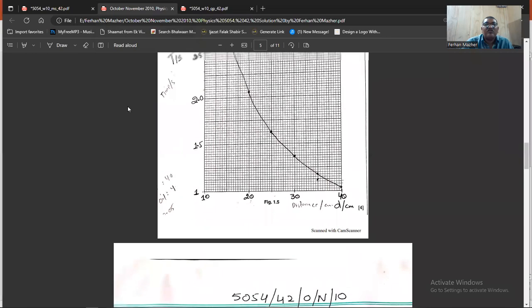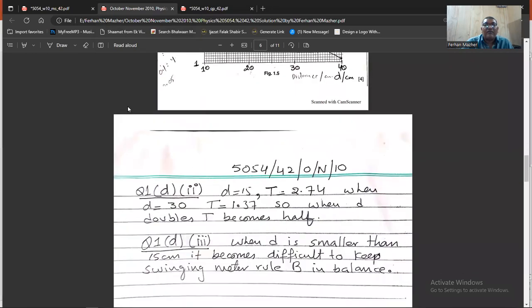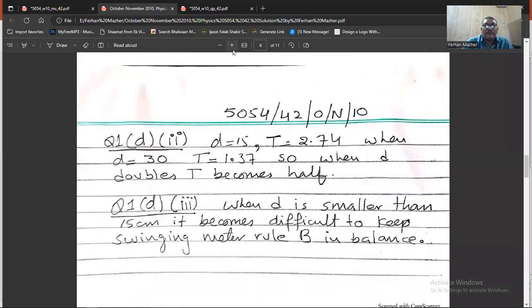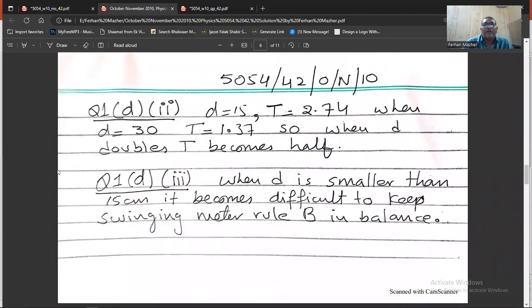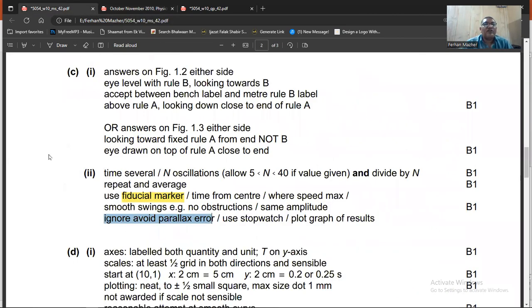When the D is 15, the T is 2.74. When the D is 30, so the D has become double, the T is 1.37. So when D doubles, T becomes half, and we can say they are inversely proportional to each other.